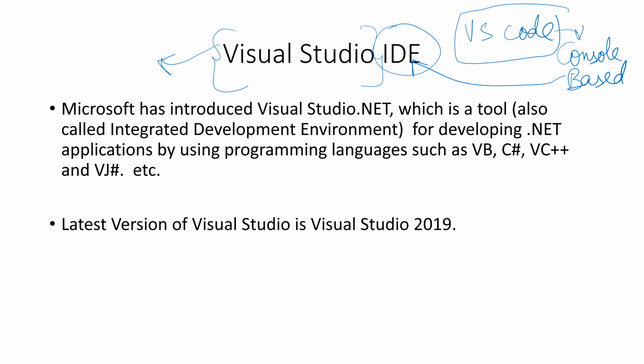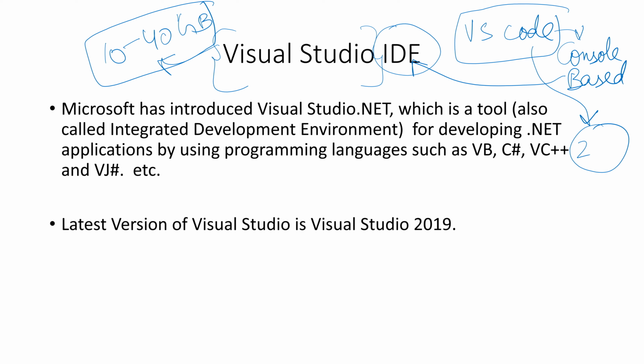This Visual Studio IDE will actually be of the order of 10 to 40 GB depending upon whatever modules you decide to install. On the other hand, Visual Studio Code will be of the order of maximum 200 MB.